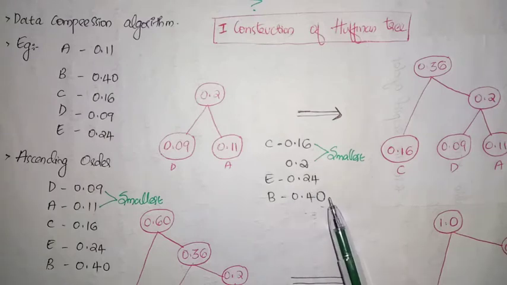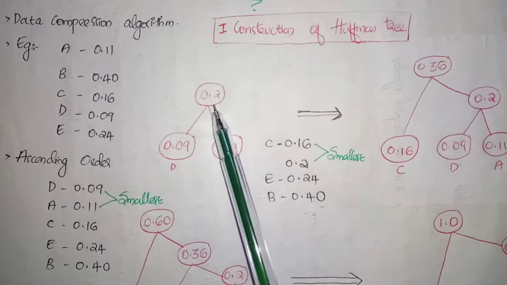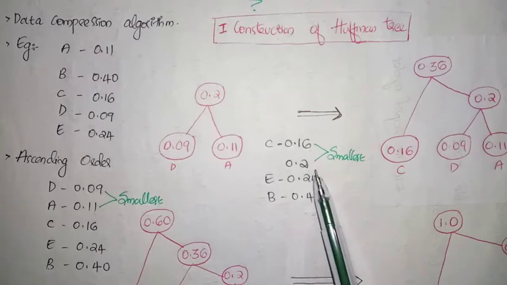The only difference is that the newly created parent probability 0.2 is also included in this list.